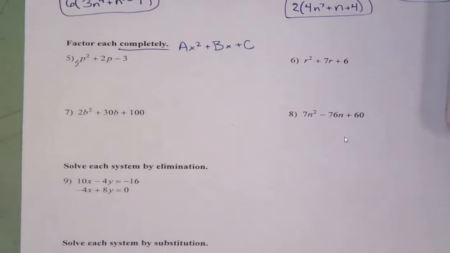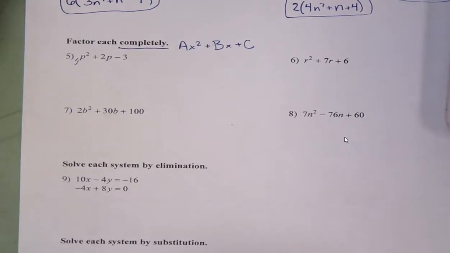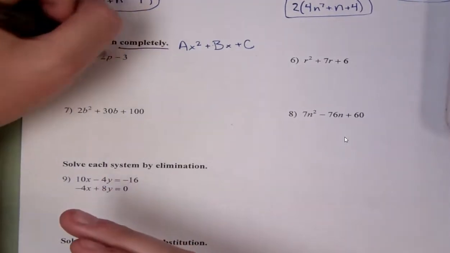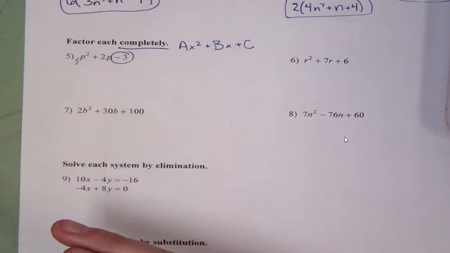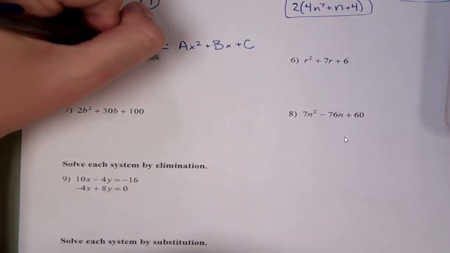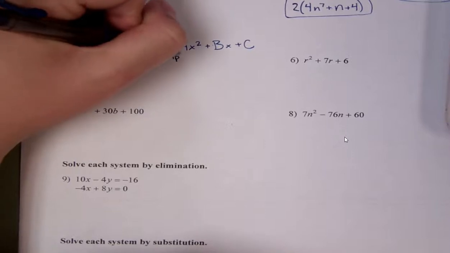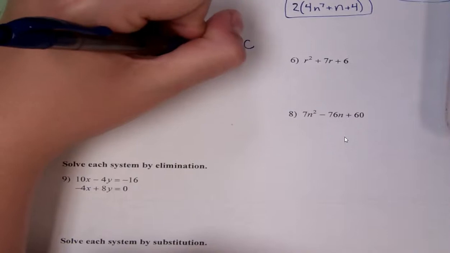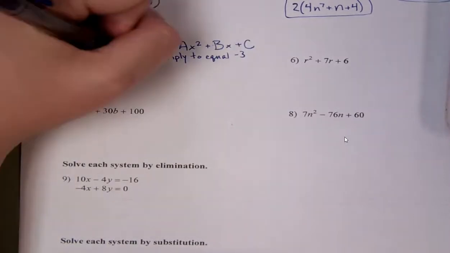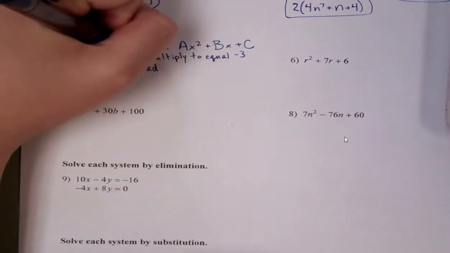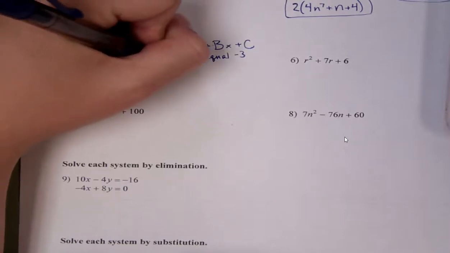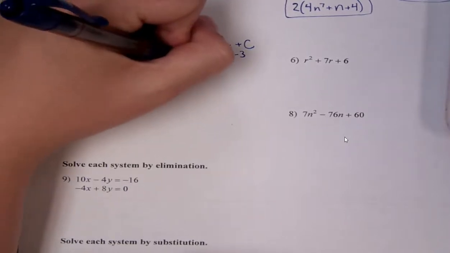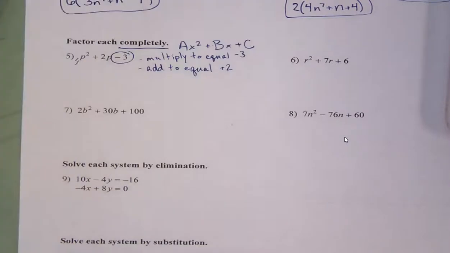For this one, all you need is 2 numbers that multiply to equal -3, and 2 numbers that add to equal +2. Okay, so we can find that.